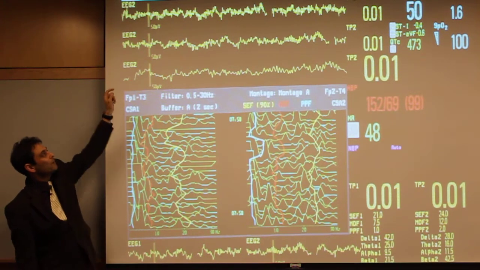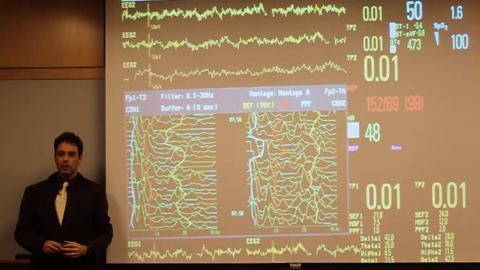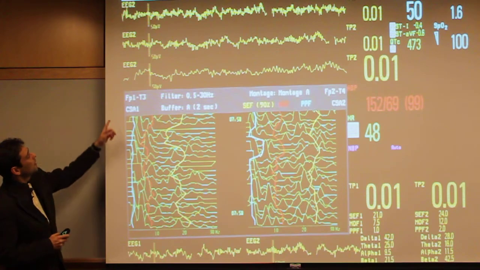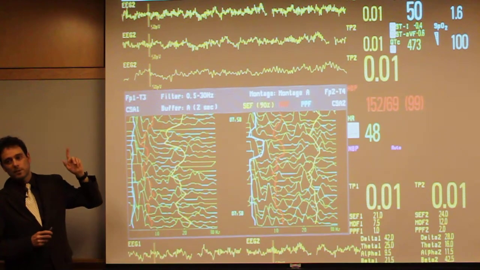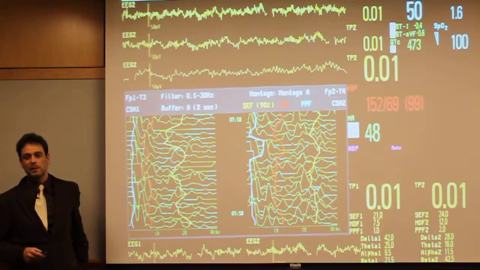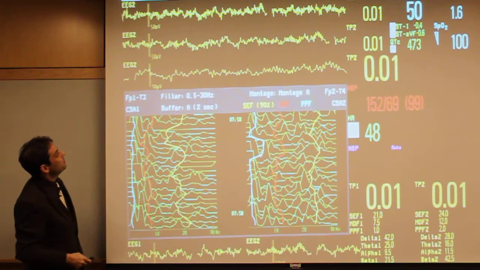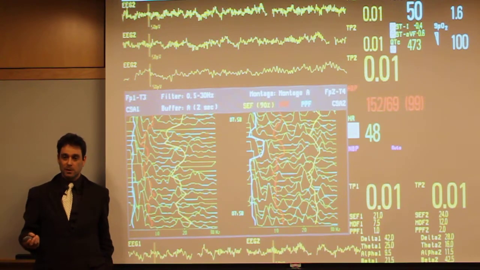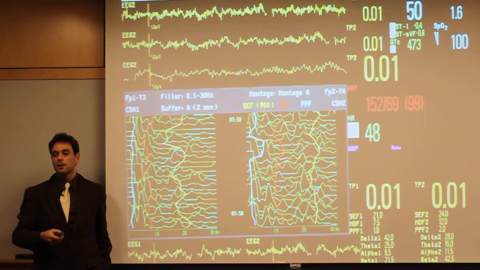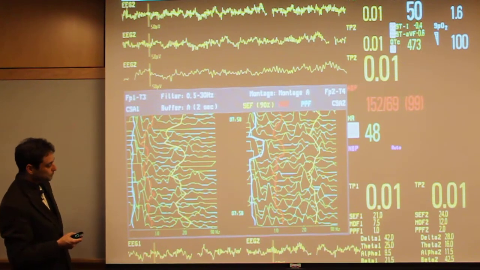The top wave is running at a sweep speed of 12.5 millimeters per second. And this waveform is at 50 millimeters per second, and the intermediate one is at 25 millimeters per second, which is the same sweep speed that we typically run the ECG in the operating room.